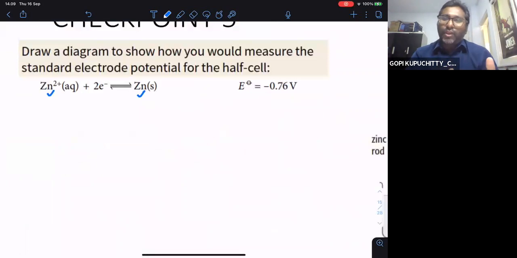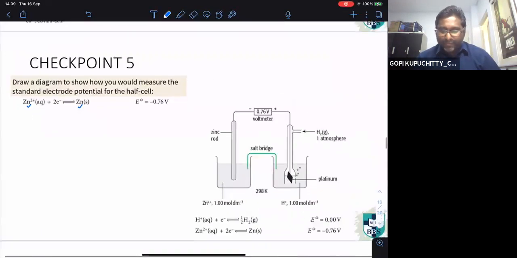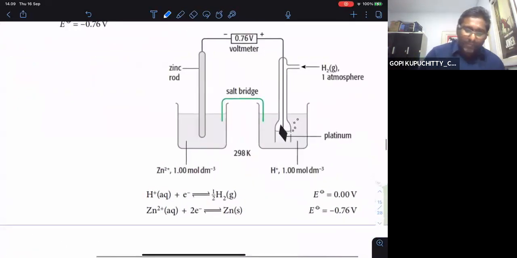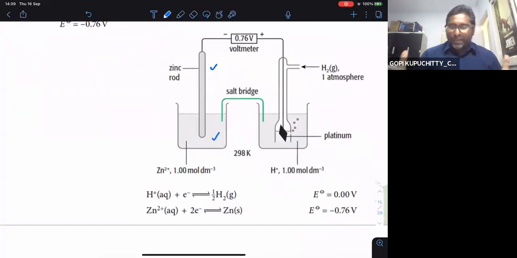So this is a metal ion setup. You just need to put zinc as the electrode and then zinc ions. You will end up having this kind of setup, and you should be able to draw it. And the same thing I told you, you can identify which one is the positive terminal and negative terminal.